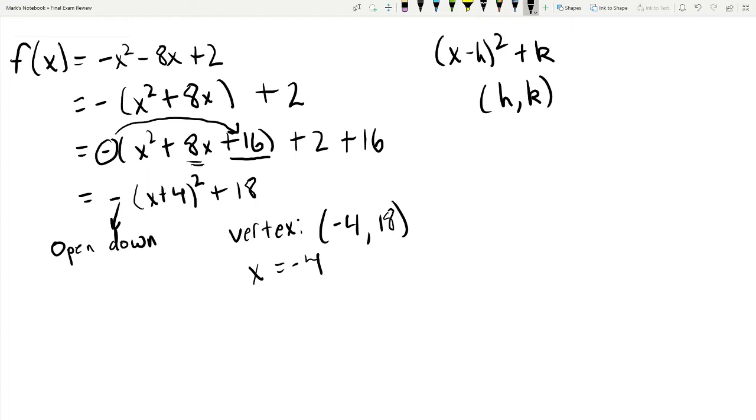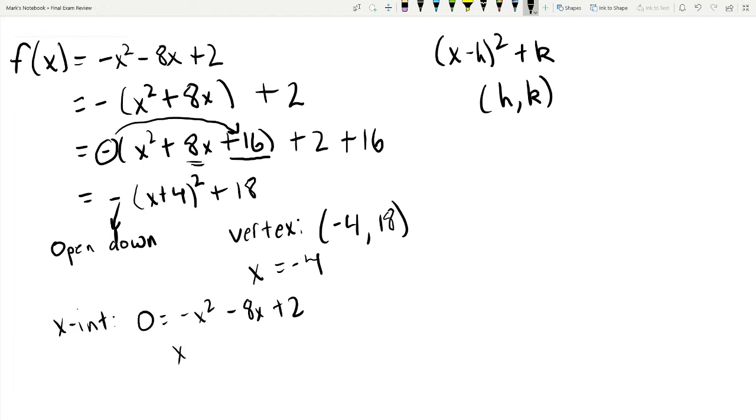But the only other things that we might have to do for an equation like this is we could find the intercepts if we want. So we could find the x-intercepts by setting 0 equal to negative x squared minus 8x plus 2. And here we just have to use the quadratic formula to solve for the x's.